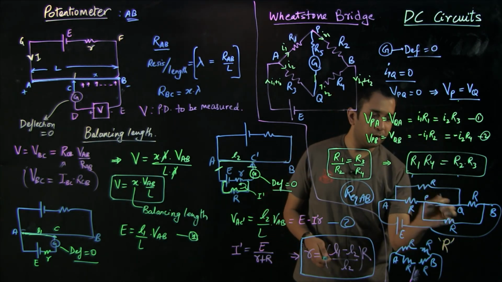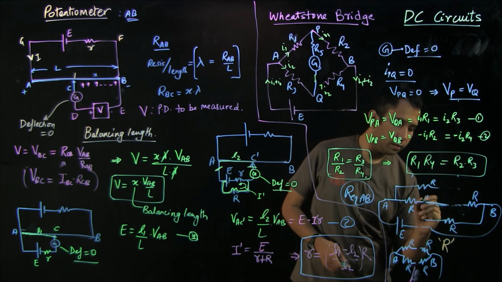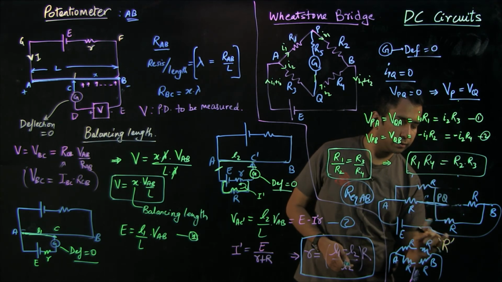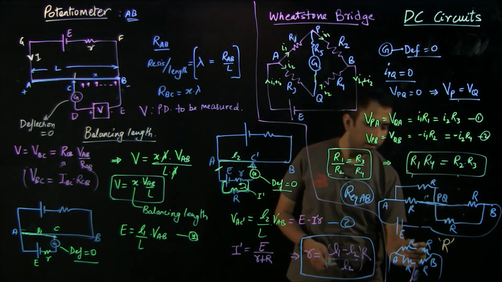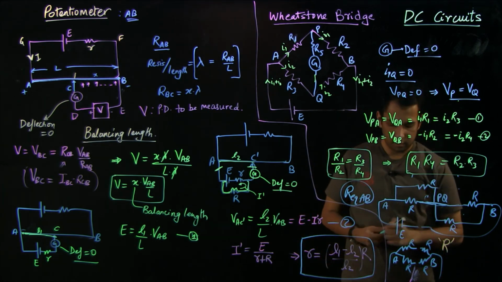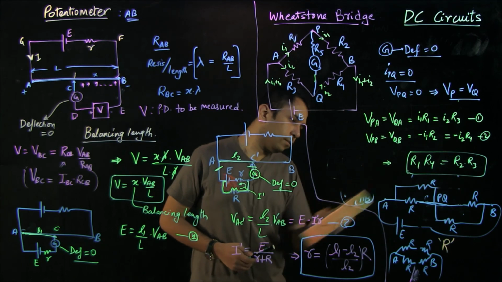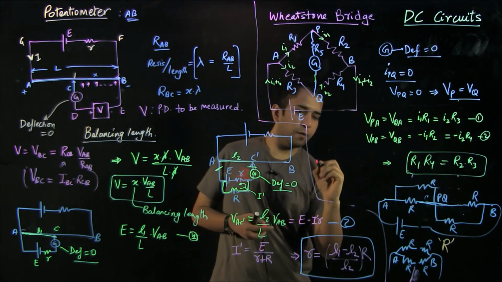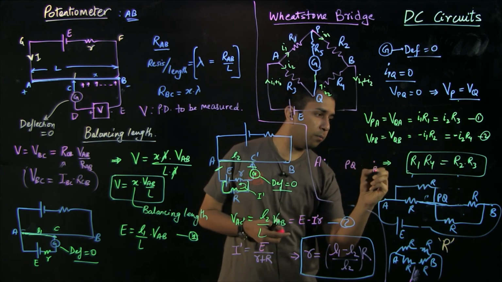So this becomes like this. Now we have A, we have PQ, and we have B.